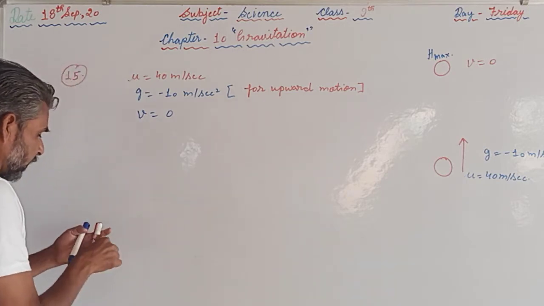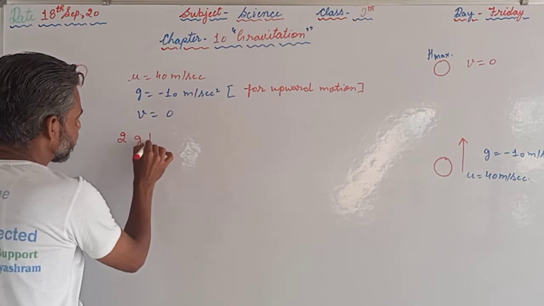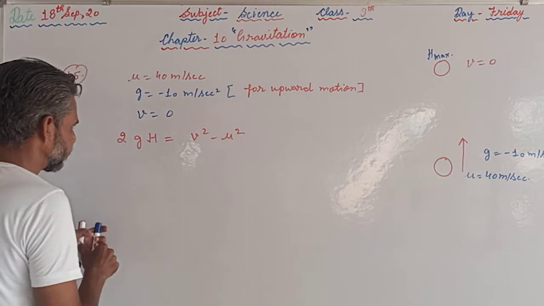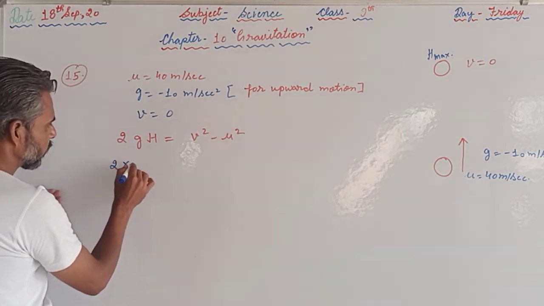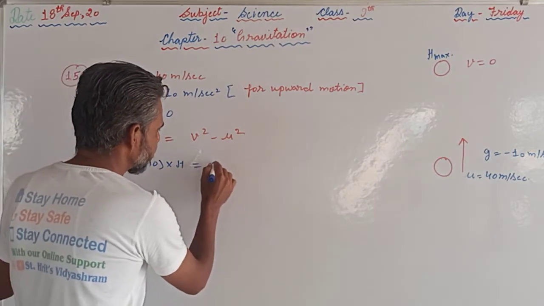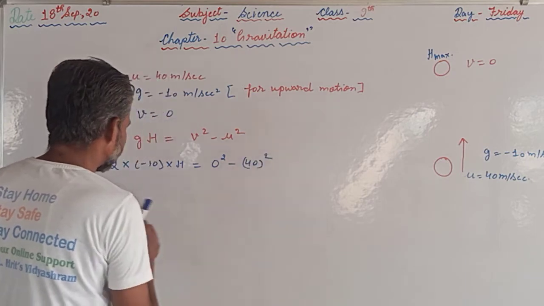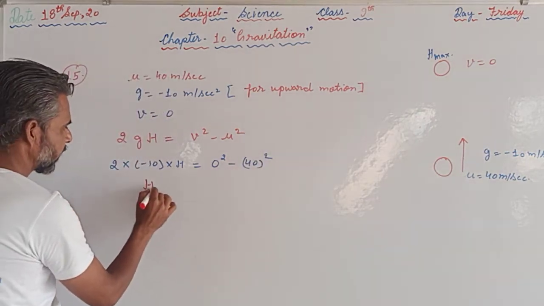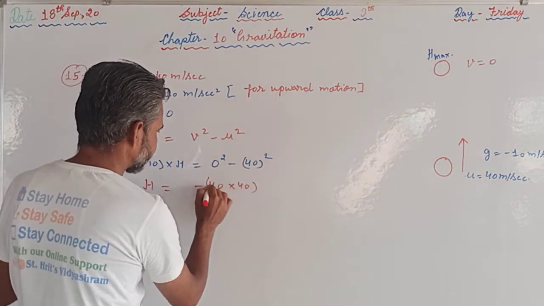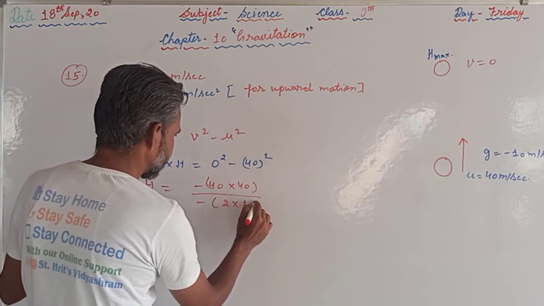So we will take the third equation of free fall, that is 2gh equals v square minus u square. 2g is 2 into minus 10, into h equals v square, means 0 square minus 40 square. So from here we can calculate h. h will be minus 40 into 40 upon minus 2 into 10.